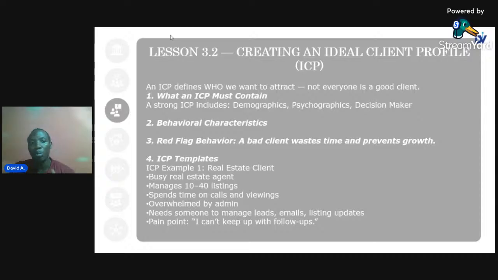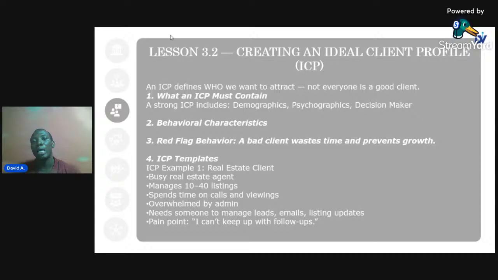Demography includes location, industry, company size, revenue range, right? This person is a busy real estate agent. We are looking at demography, psychography, and decision maker.